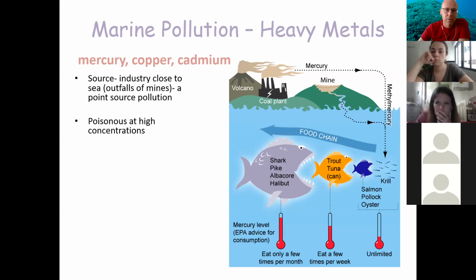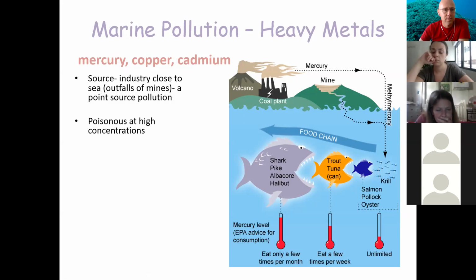If you have a small fish that eats and gets a little bit of contamination, then a big one eats it and it accumulates it. Eventually you get the bigger one that accumulates that, and eventually we're going to eat the big one. So you can see that they have these things accumulating in nature.